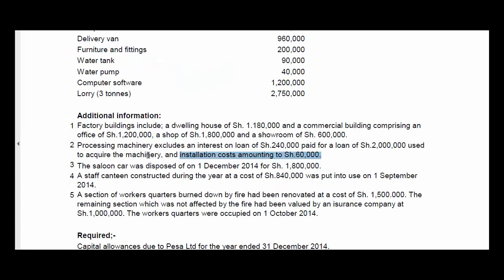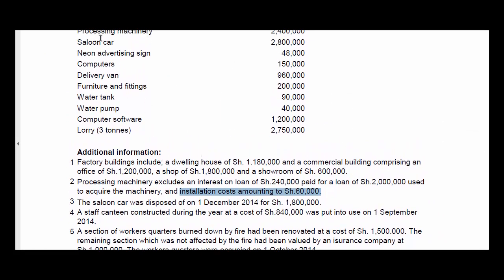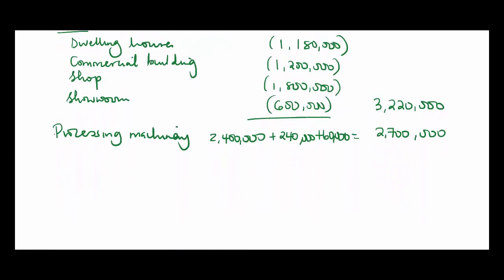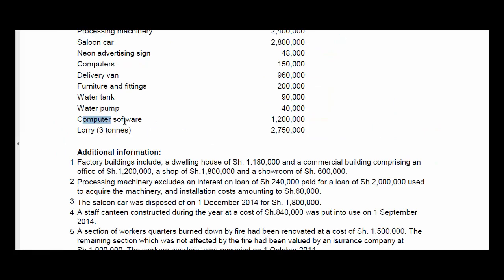What else is part of productive capacity? Let's go back to the main working. So saloon car, no. Neon, no. Computers, no. Delivery van, no. Water tank, no. Water pump, 40,000 would be. Software, no. Lorry, no. We've already dealt with that.